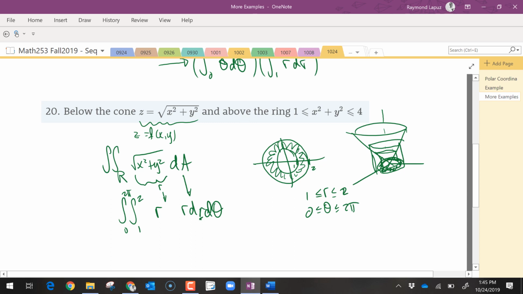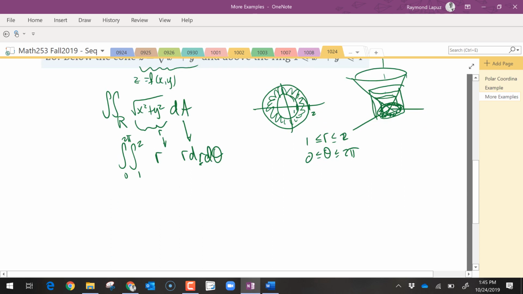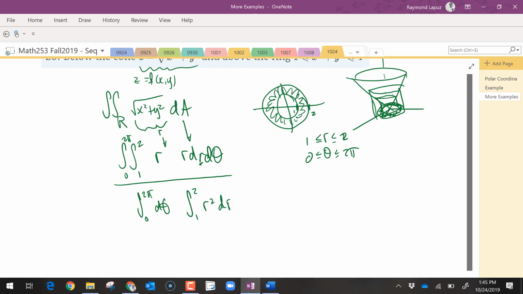Okay. So what do we have? We have an integral that has no thetas in it. Let's move all the theta out. And then let's just focus on integrating r squared from 1 to 2. Now I can do this in my head. 2 pi for the first one, and the second one is 8 minus 1, 7 over 3. Is that right?